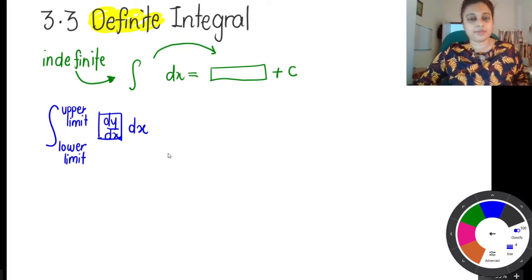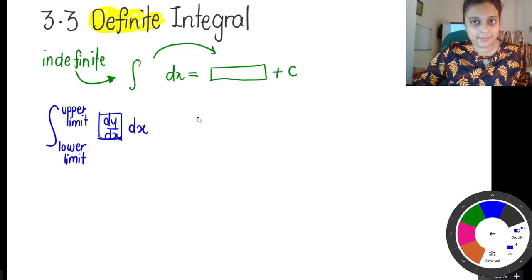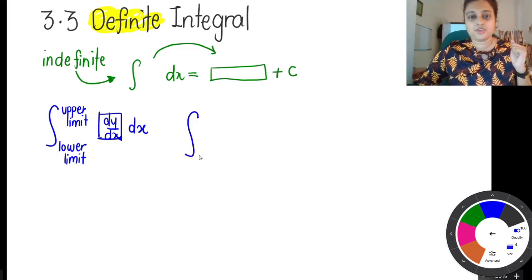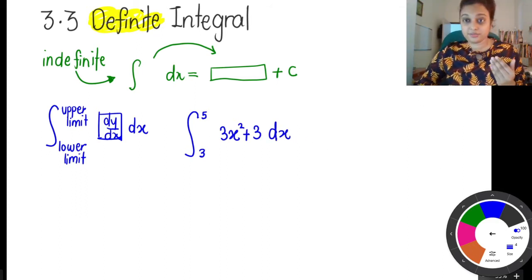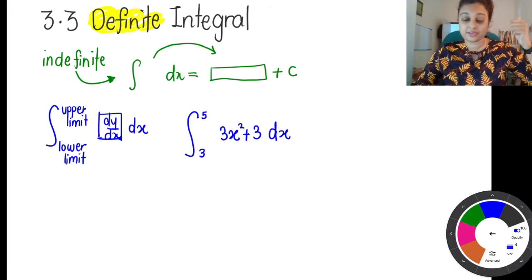Upper limit, lower limit. That means, for example, I give one example. You might have the upper limit be 5, the lower limit be 3. Then you might have your integration, your dy/dx gradient function, 3x squared plus 3. Now can you see the difference between indefinite previously and definite?